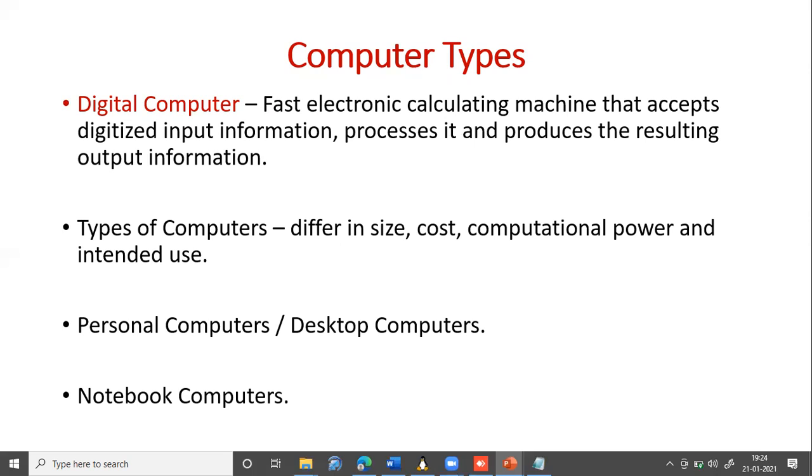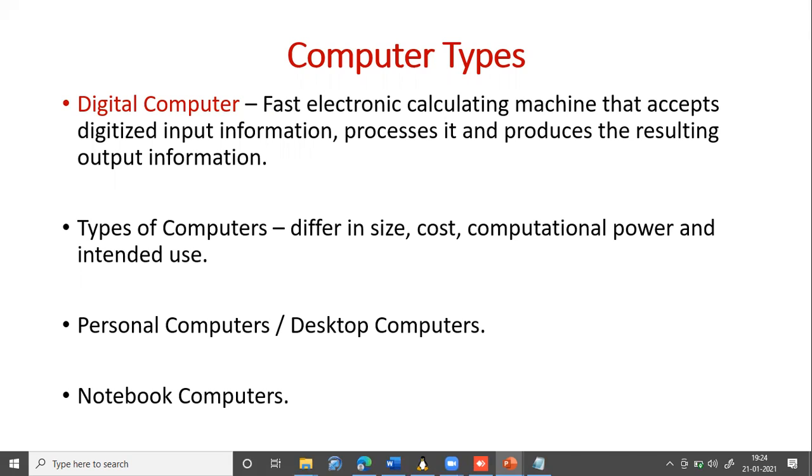And you will have a keyboard, a monitor, and a mouse. This is a typical personal computer or desktop computer which everybody uses in the home or office or in any normal day-to-day working environment. Such computers are called personal computers or desktop computers.